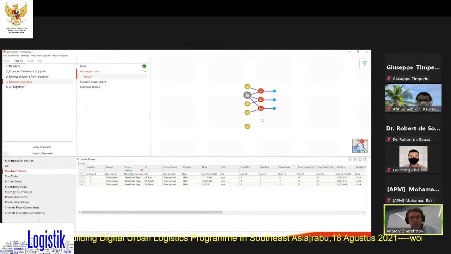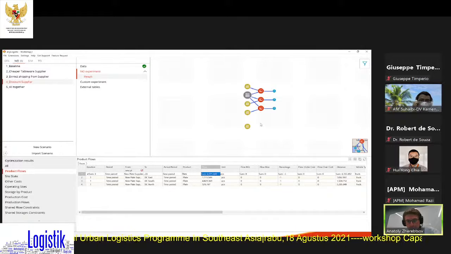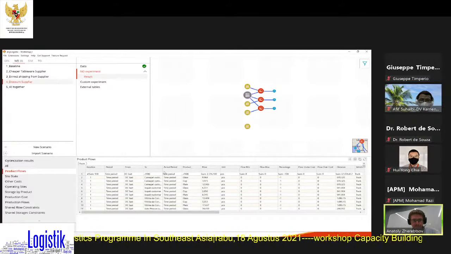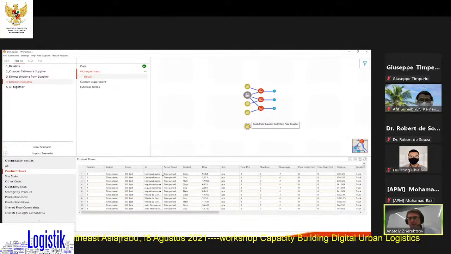We can see that in total we bought 6 million pieces, which is higher than 10,000. So it's definitely the maximum discount rate, and that's why it becomes cheaper to deal with this supplier only, rather than individual suppliers to the south or northeast.